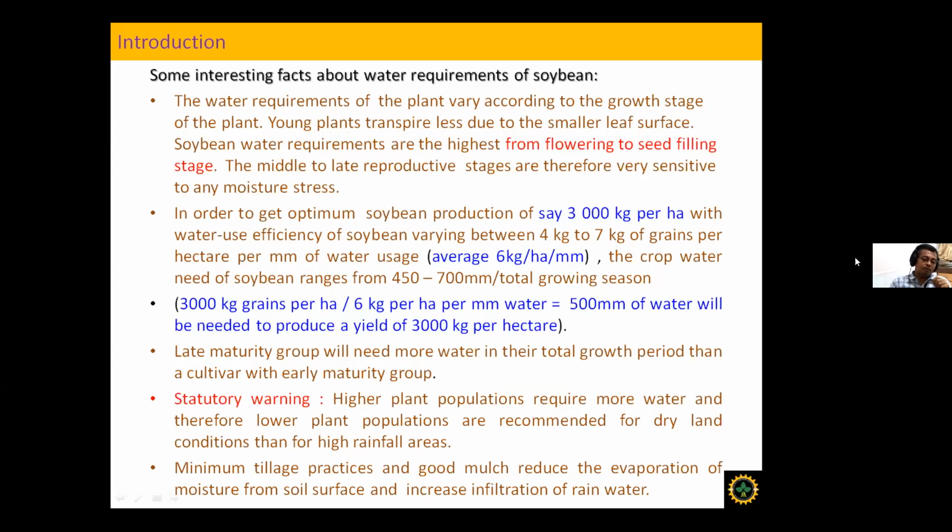And secondly, minimum tillage practices and good mulch reduce the evaporation of moisture from the soil surface and increase infiltration of rainwater. So the practice of minimum tillage and good mulch is required.